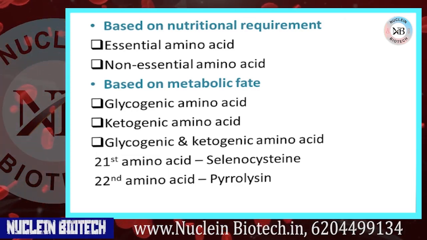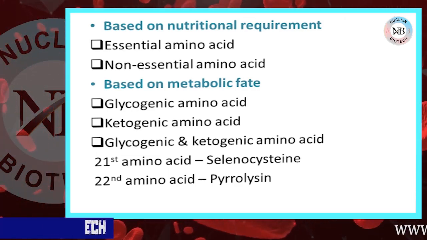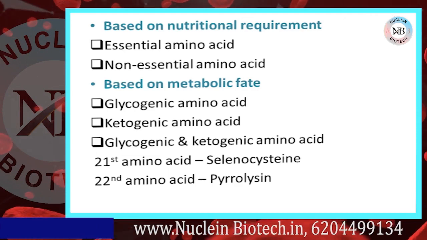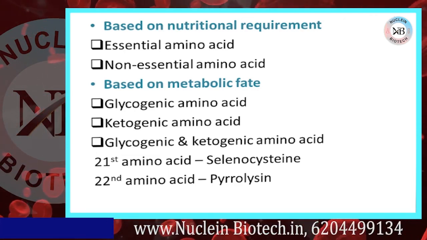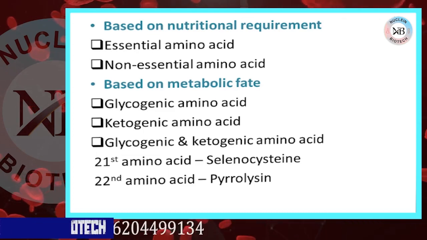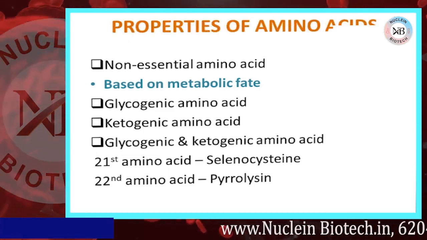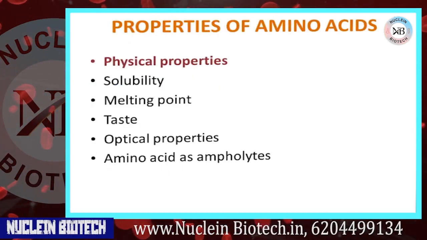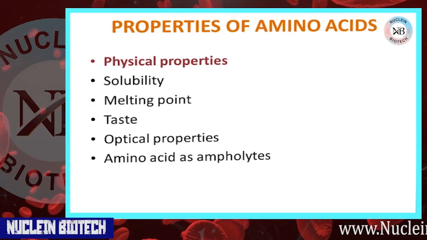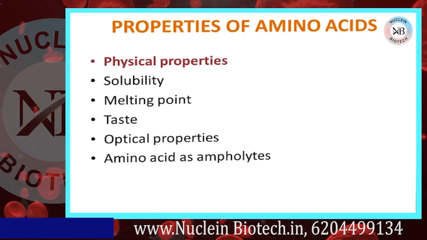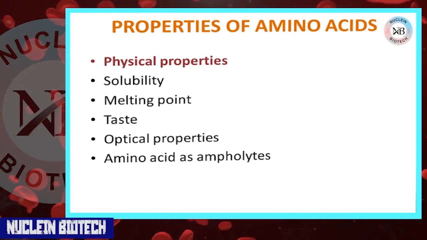Now 22nd amino acid is pyrrolysine. Stop codon UGA can code for pyrrolysine. Now take a look at the properties of amino acid. First is the physical properties. Now solubility.